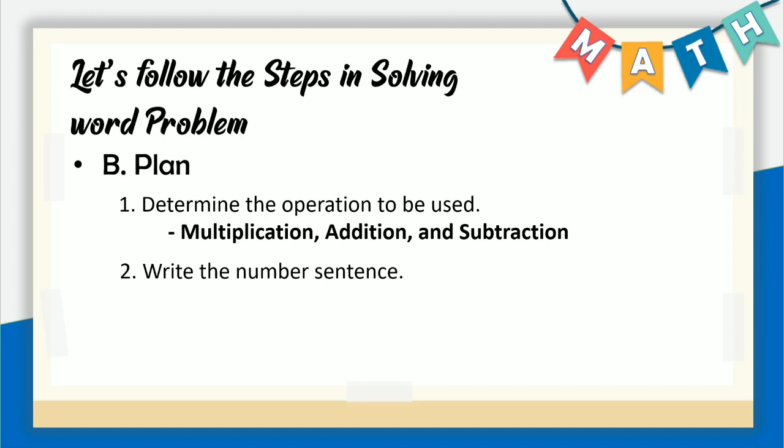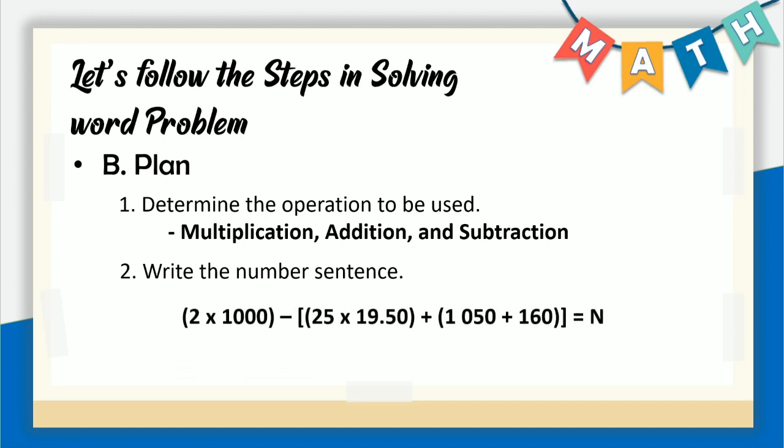Write the number sentence: 2 times 1,000 in parentheses, minus 25 times 19.50 in parentheses plus 1,050 plus 160 in parentheses, is equal to n. 2 times 1,000 is the peso bills, 25 times 19.50 is the total cost of the sardines, and 1,050 plus 160 is the total cost of rice and noodles.